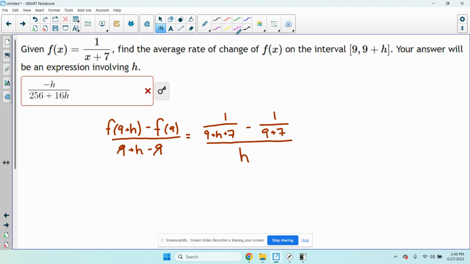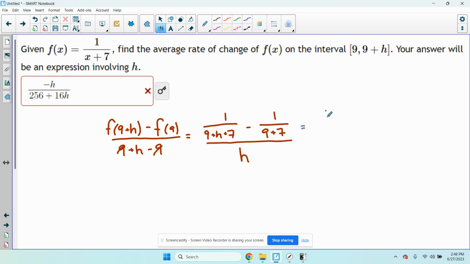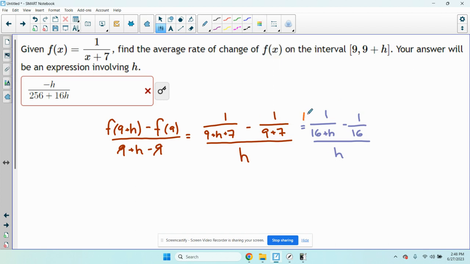The 9's cross out. And here we have 1 over 16 plus h minus 1 over 16 all over h. We have to combine these top two to get a common denominator. So I'll multiply the first one by 16 over 16, and this one by 16 plus h over 16 plus h.